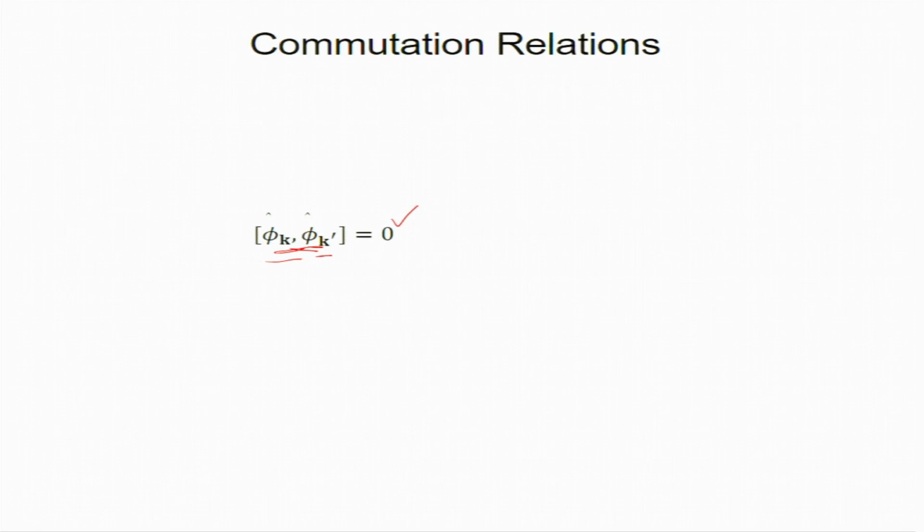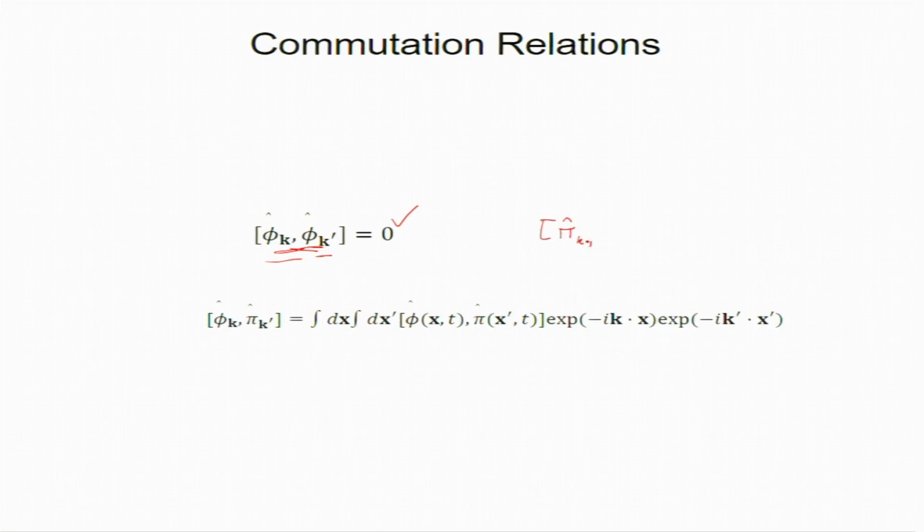So, either you take the real space postulate or the Fourier space postulate, you do not need to assume both, we can derive one from the other. I am going to derive one of them, just give me 1 minute. And similarly, it should have been phi hat k prime, sorry, not pi k prime, they also commute, momentum operators also commute in Fourier space. But what about position and momentum operators in Fourier space? Okay. So, let us derive it.